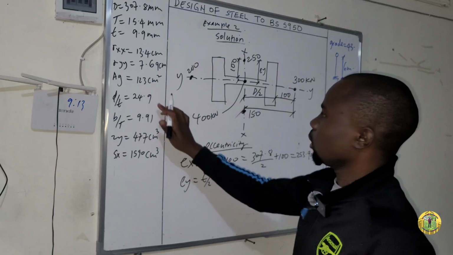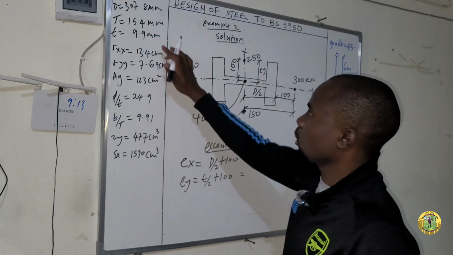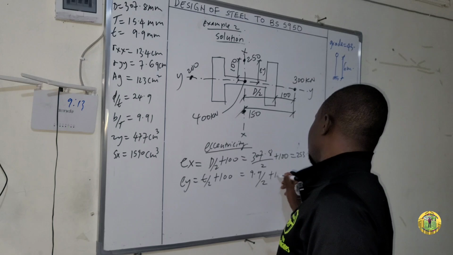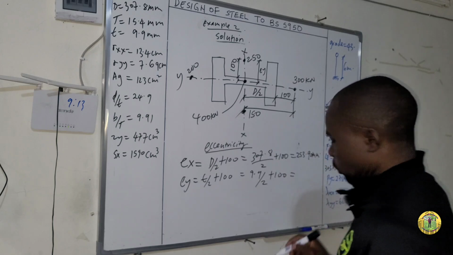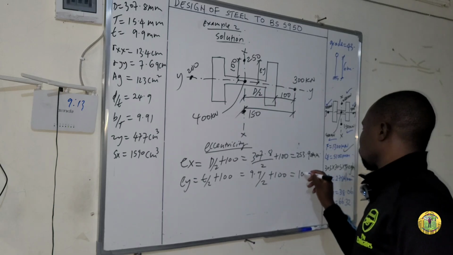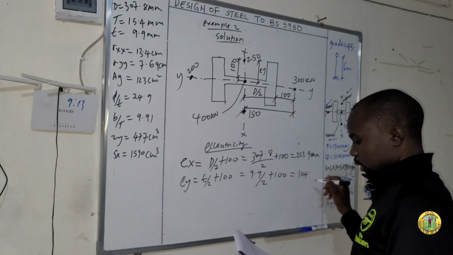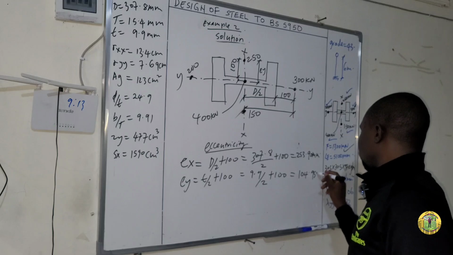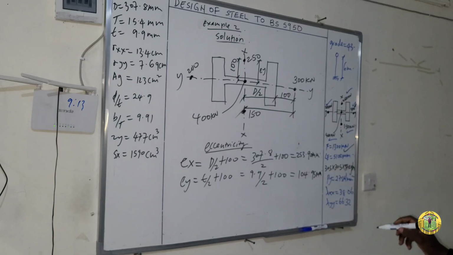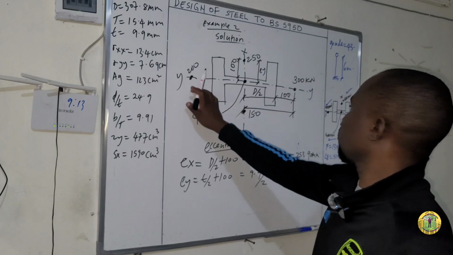So t is here 9.9, over 2 plus 100. So this one is equal to 104.95 millimeter.